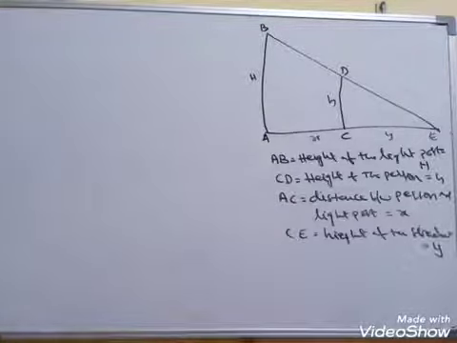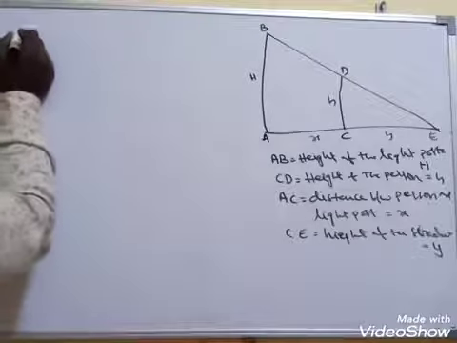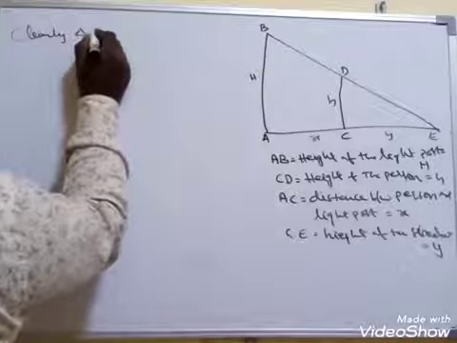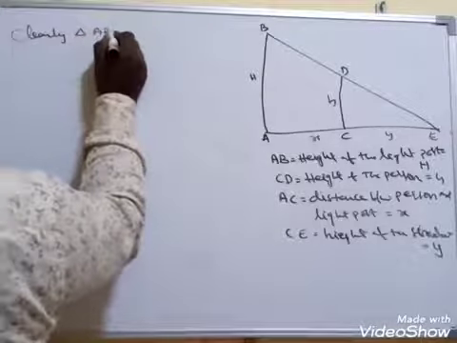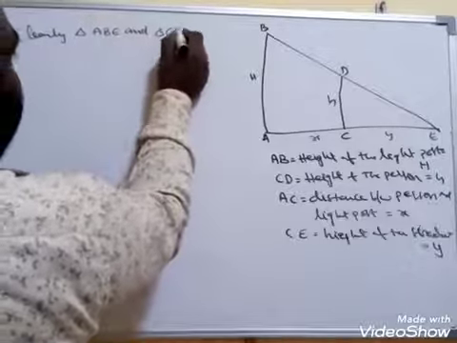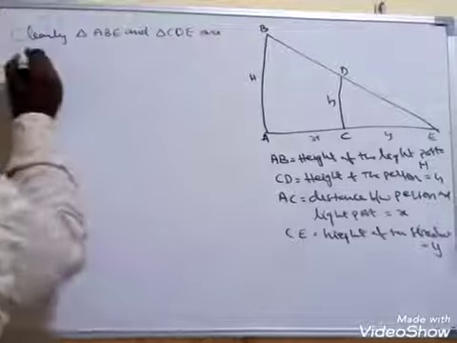Clearly observe that these are constructed on the same base, so here we can write that triangle ABE and triangle CDE are similar.